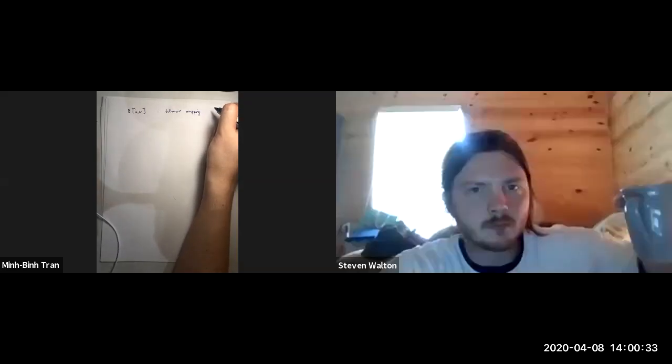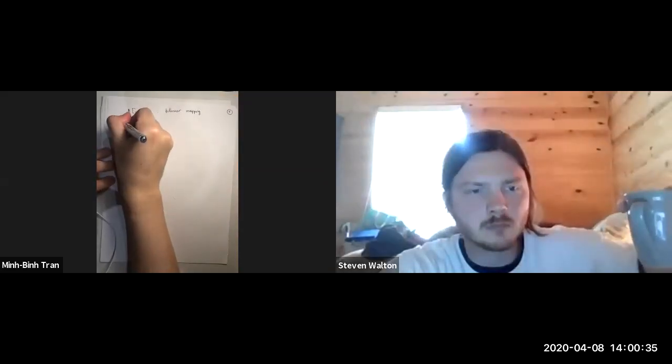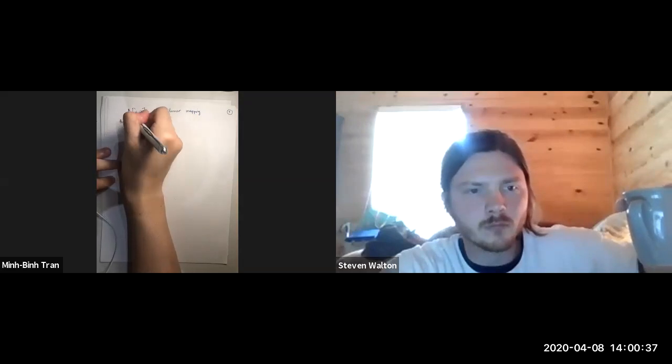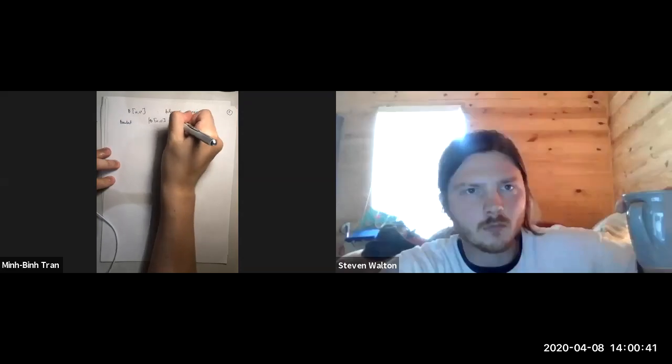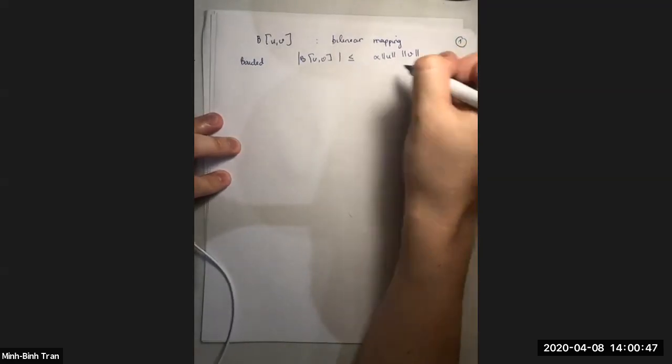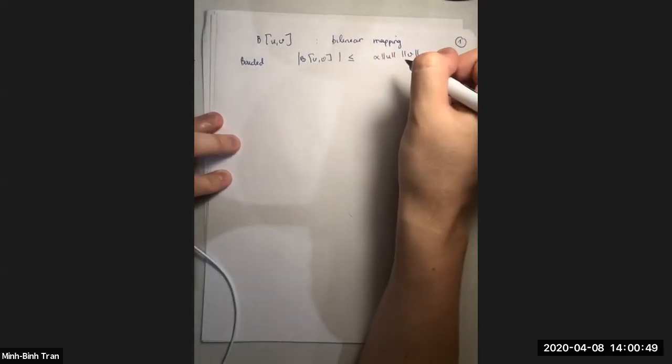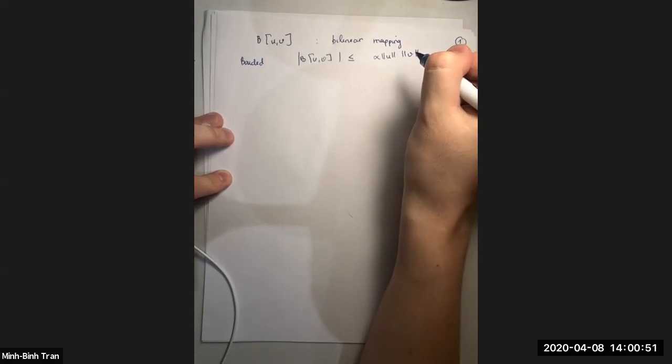This bilinear mapping is bounded in the sense that the absolute value of B(u,v) is smaller than the norm of u times the norm of v, and we are considering u and v in the Hilbert space H, where this is the norm in H, which is L2 in our case.